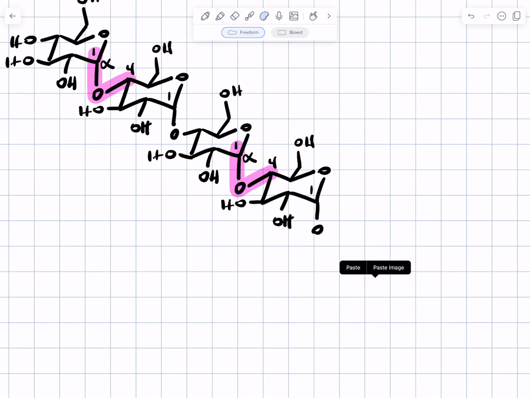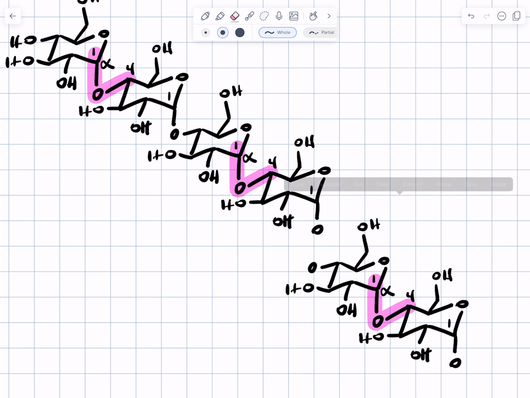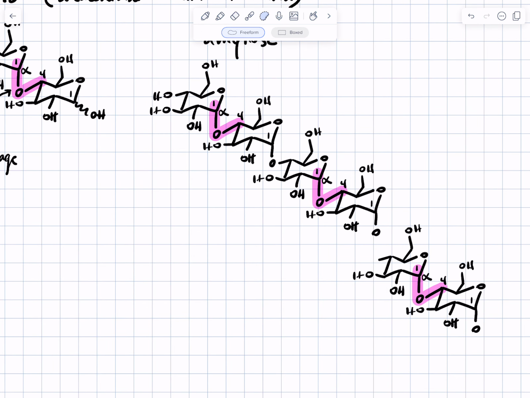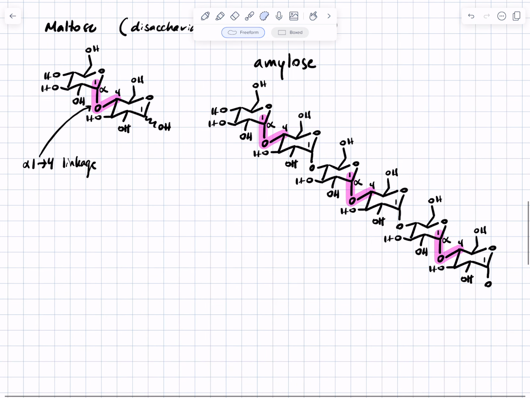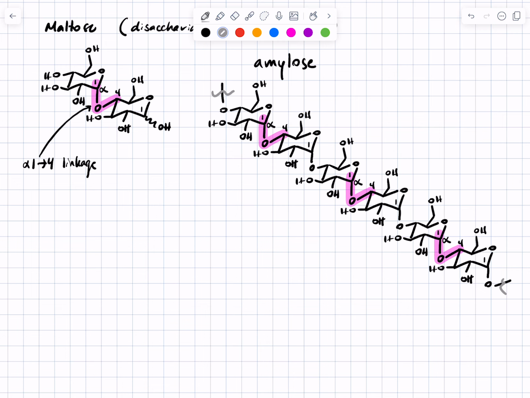Copy, paste, erase, and put there. And so it could continue on indefinitely, with squiggly lines indicating many more alpha 1,4 linkages. You can see that we have alpha 1,4 linkages all the way through, and that's amylose.